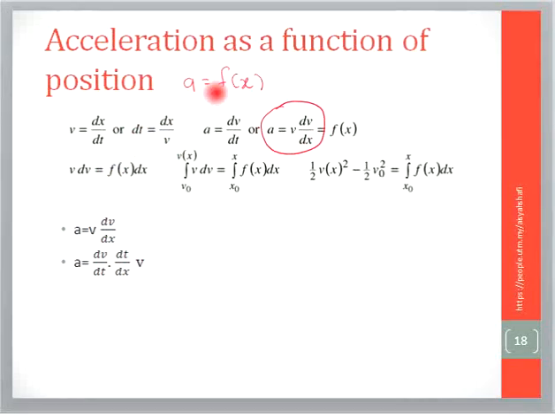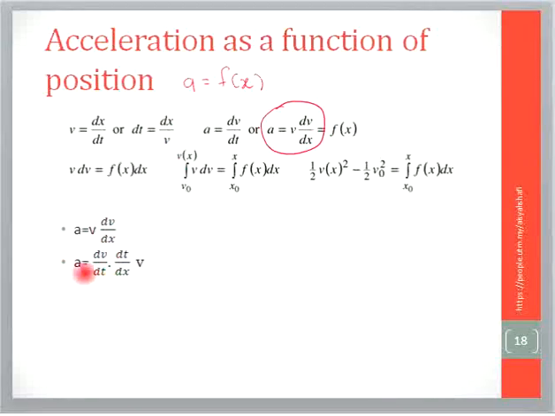Because this one is a function of position. Function of position is x, so we want to have the dx, so we can integrate or differentiate the v in terms of x, so we can arrange like this.